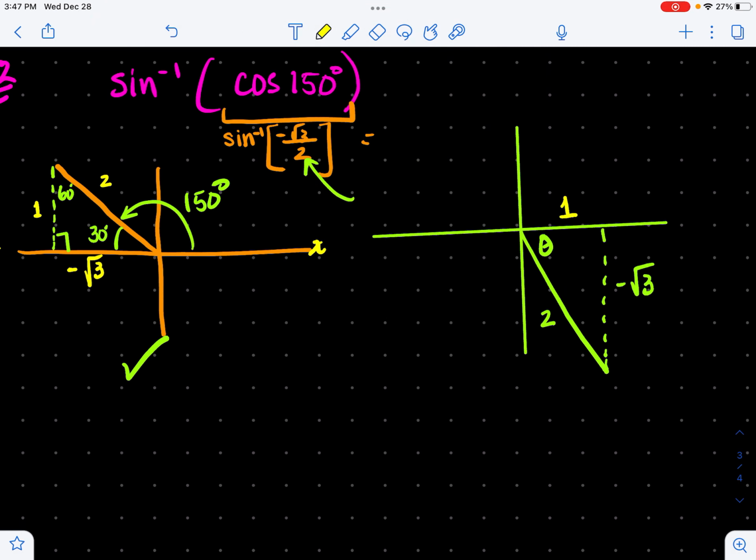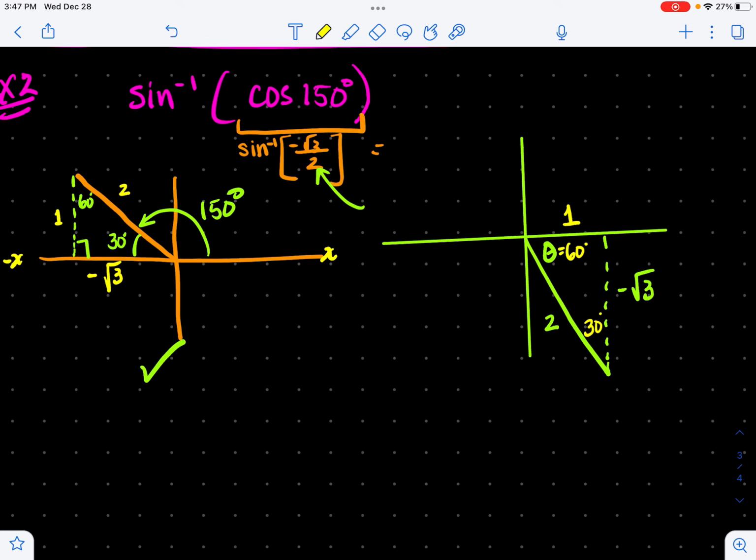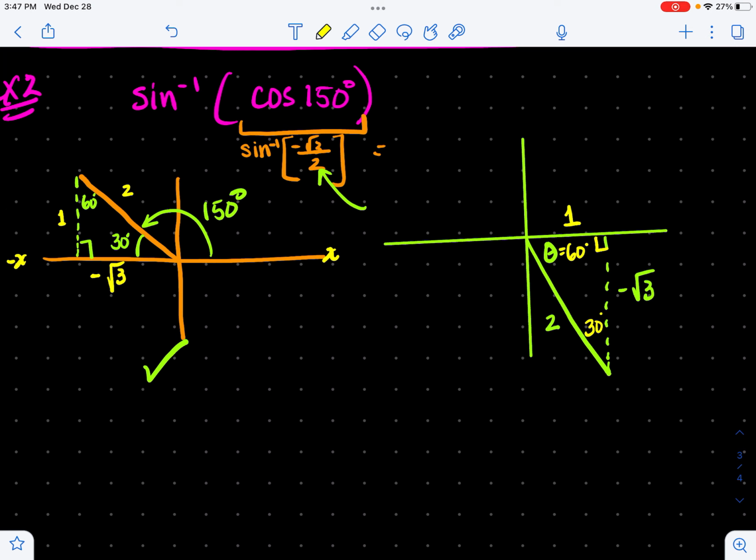So when I see 2 as the hypotenuse and root 3 as one of the sides, and the third side has to be 1, this angle opposite to 1 would be 30-degree angle, which means this is a 60-degree angle. That's a 90-degree angle. And we were trying to find for what angle does sine equal negative root 3 over 2. That angle is 60 degrees, or pi over 3.